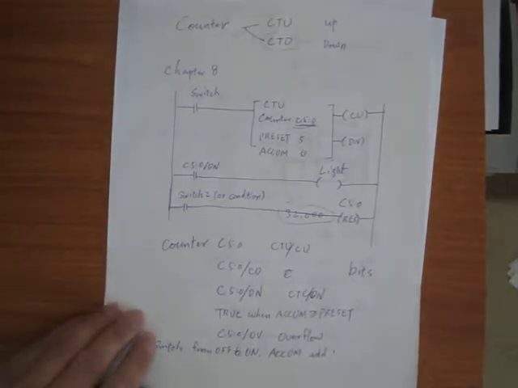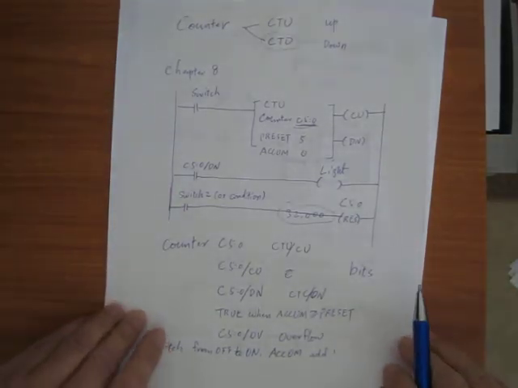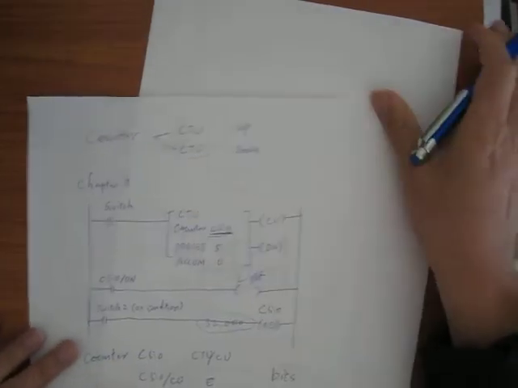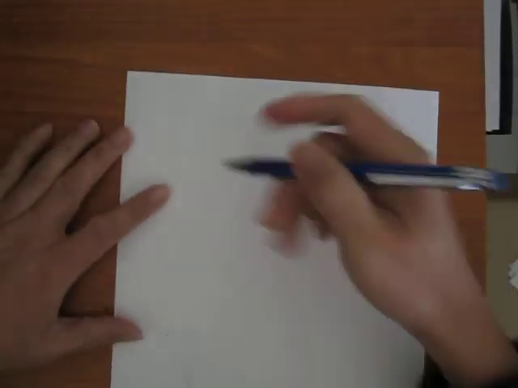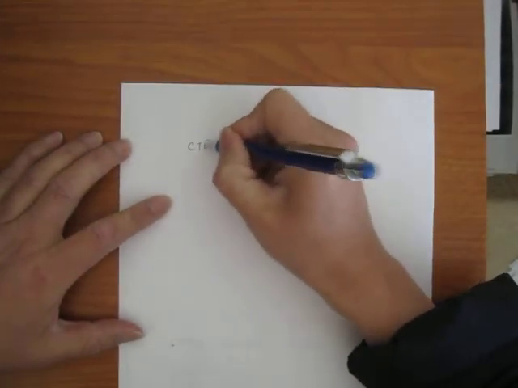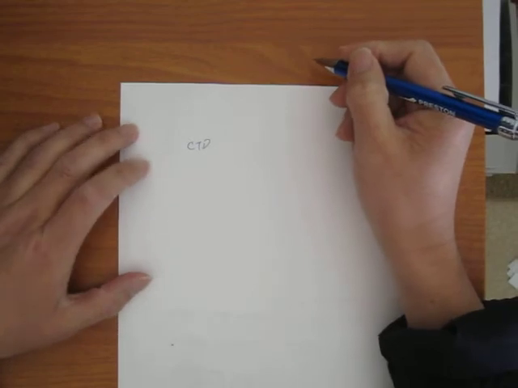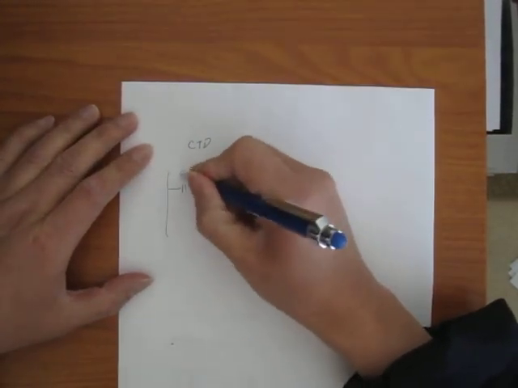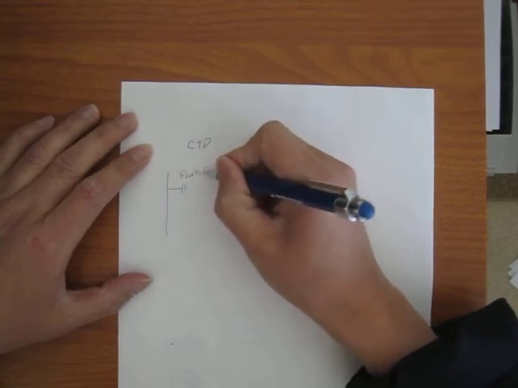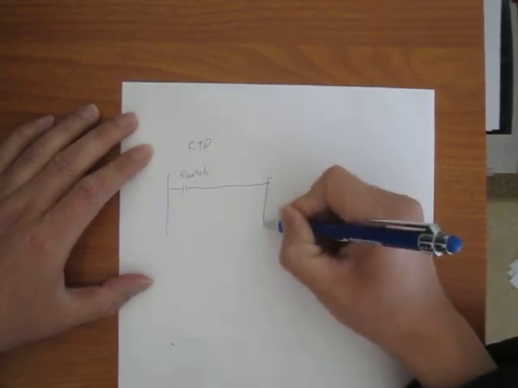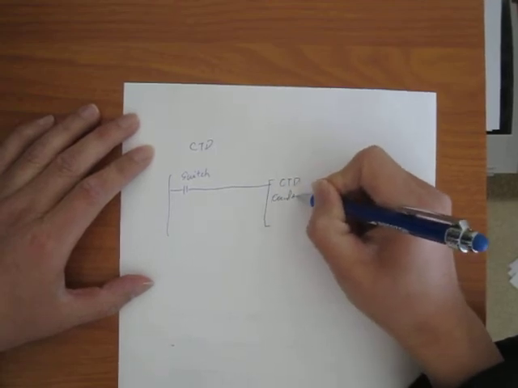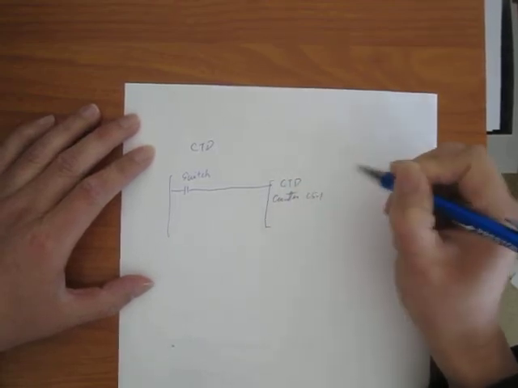All right, so this is the counter here, which is relatively simple. Now there's another one, it's called a CTD. Just like a CTU, let's say you have a switch, CTD, counter C51, how about that?